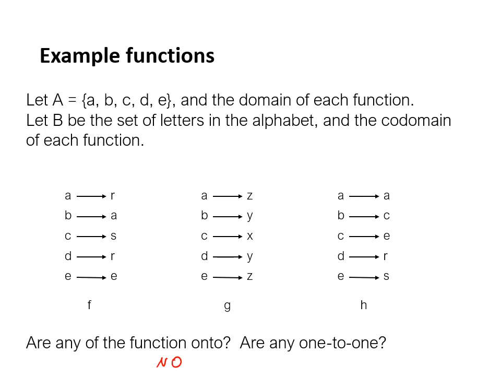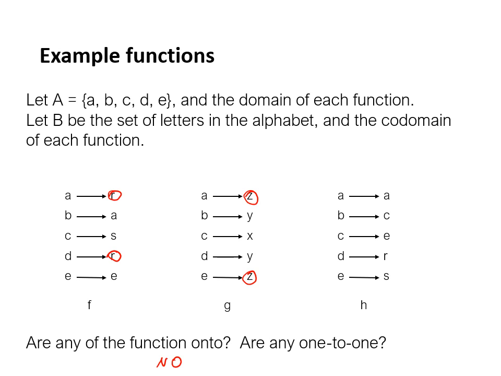So let's see f first. Okay, we have both a mapped to r and d mapped to r. So it's not one-to-one because we have two elements of the domain being mapped to the same element in the codomain. Let's look at g. Again, we have a mapping to z and e being mapped to z, so it's not one-to-one.